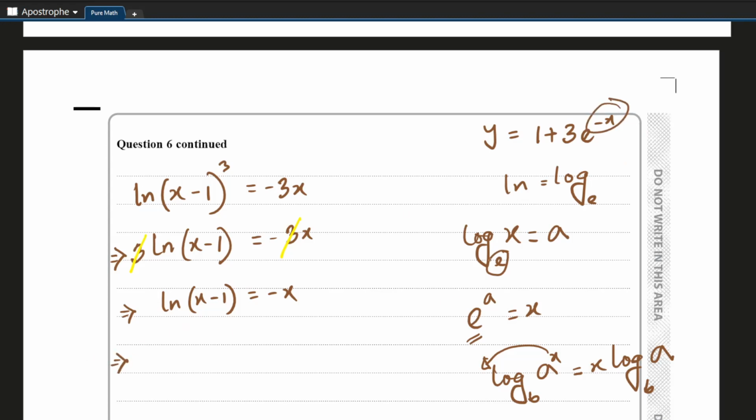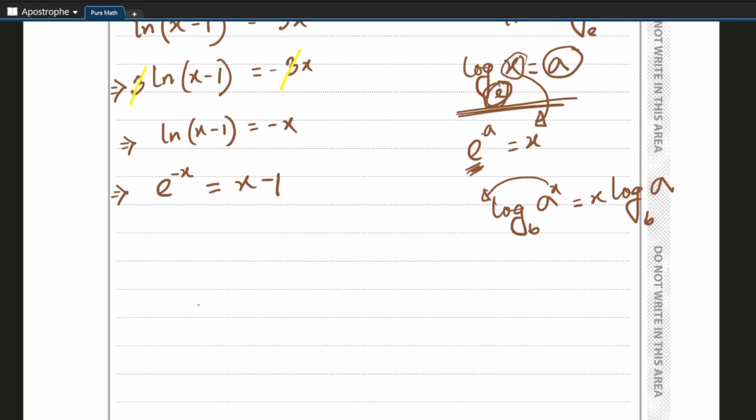Now using this law, okay, e here, e goes there. So e to the power whatever is on the right side goes on top of e, and then whatever is next to ln or log goes to the right side.